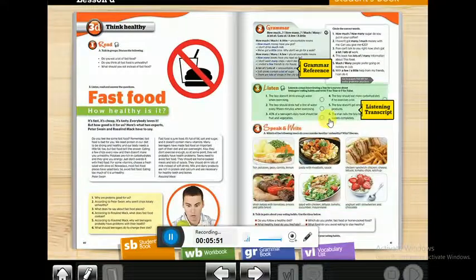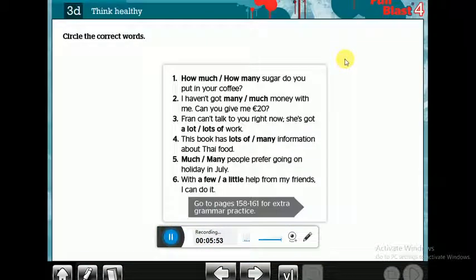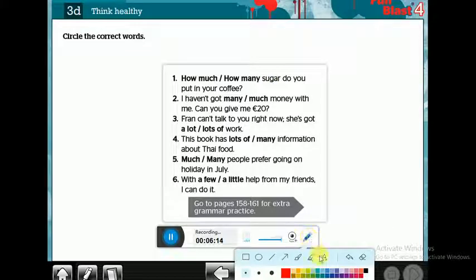So we're going to have this exercise to answer. Question number 1: how much or how many sugar do you put in your coffee? Which one? What about sugar? You have to pay attention.